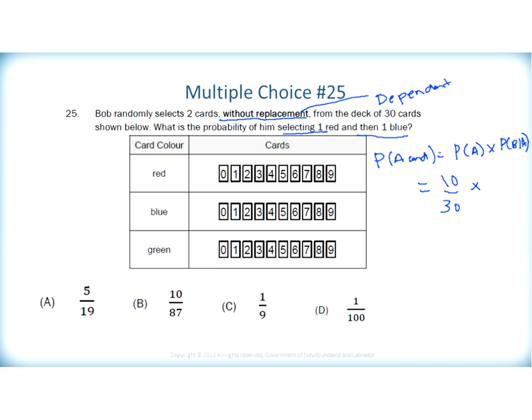The probability of getting a blue card, given that you've already selected a red, well, there's still 10 blue cards left. But since you've already taken one out and did not replace it, there's 29. This gives us 100 over 870, or 10 over 87.